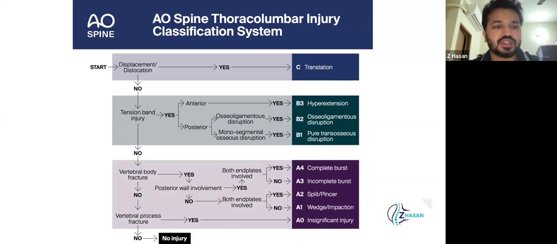If you don't have any question, then I have a query. If you get a spinal injury patient in front of you with imaging, how will you start your classification? Like, how will you proceed with the classification? You cannot say straight away it is an A4 fracture in the middle of a very busy ER department, right?